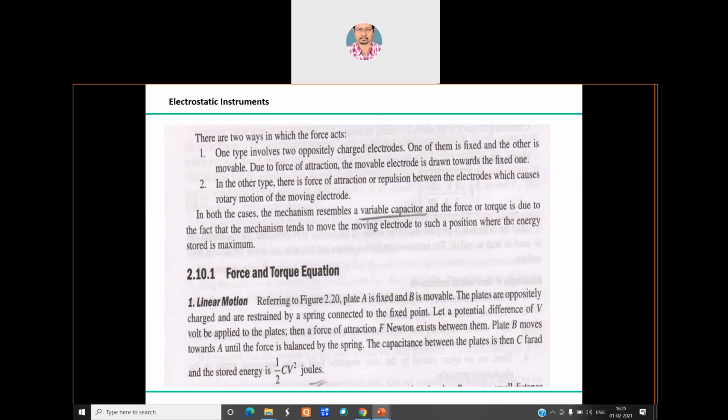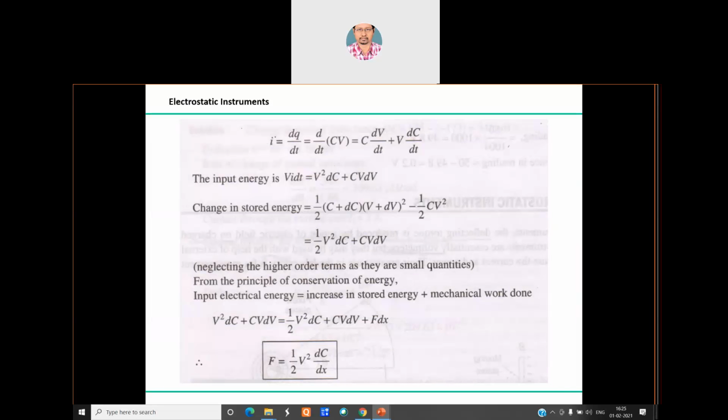If you wanted to calculate the amount of energy in terms of the capacitance, it is half CV square joule, the maximum amount of energy that can be retained by a capacitor. You know that I is equal to dq by dt, so can I regenerate it in the form of C dV by dt? Yes.